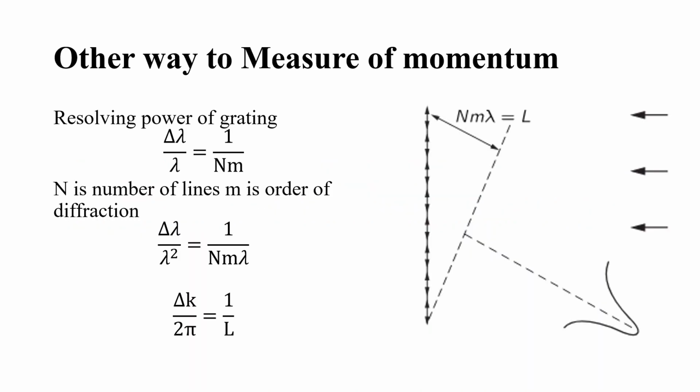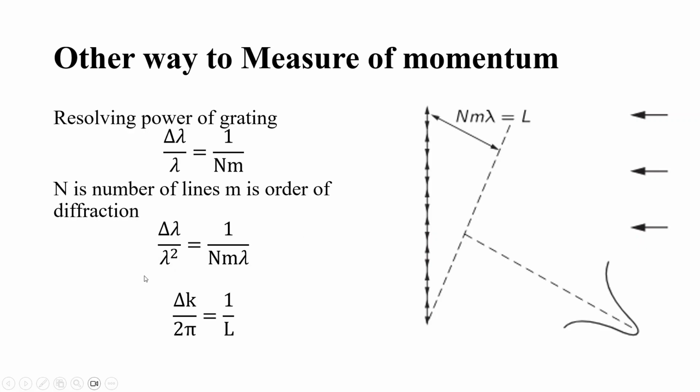So there is another way to measure this momentum. If you don't know, the resolving power of a grating can be given by delta lambda by lambda equals 1 upon nm, where n is the number of lines and m is the order of diffraction. Now we can divide by lambda on both sides.